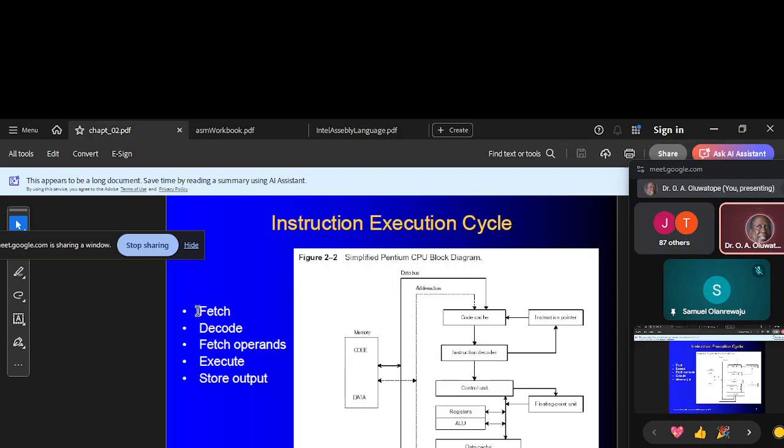And here's a simple example, a typical example of 5 stages through which instruction execution runs. An instruction must be fetched. Remember that I told you that an instruction is made up of a command and a set of operands.